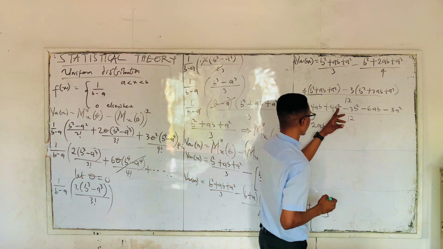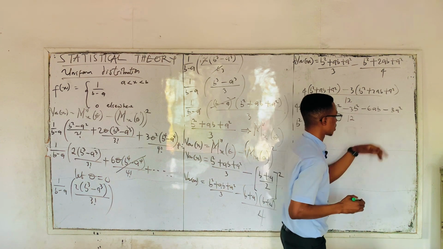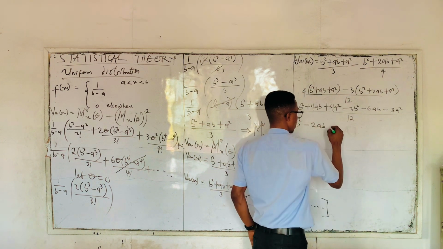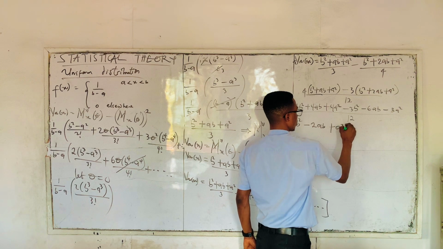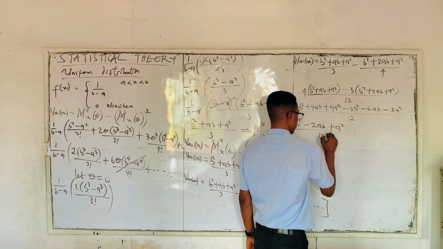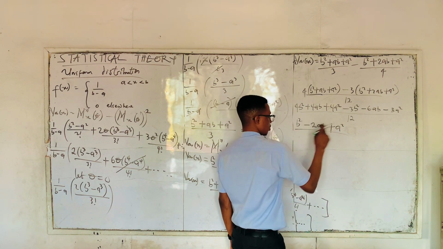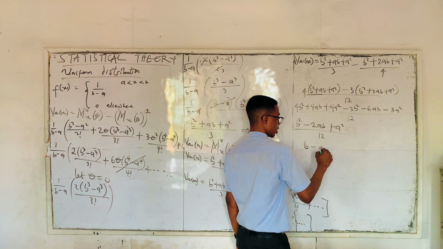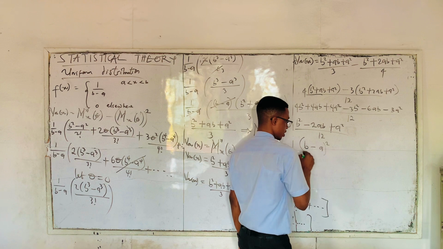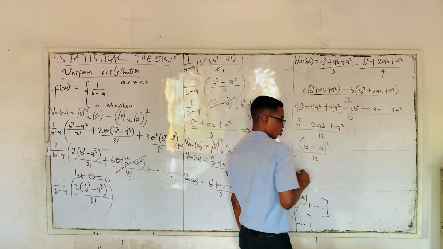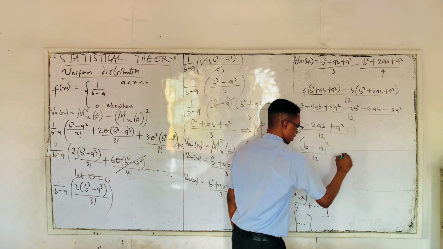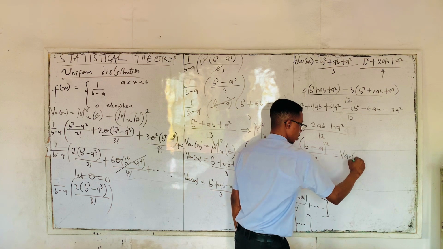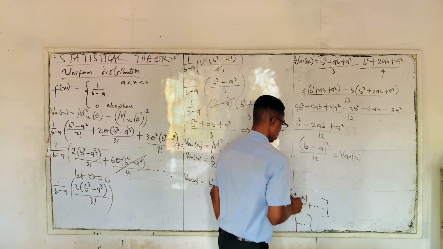And here we have 4a squared minus 3a squared. We are left with plus a squared over 12. So this expression can be rewritten as b minus a all squared over 12, which is the variance of a uniform distribution.